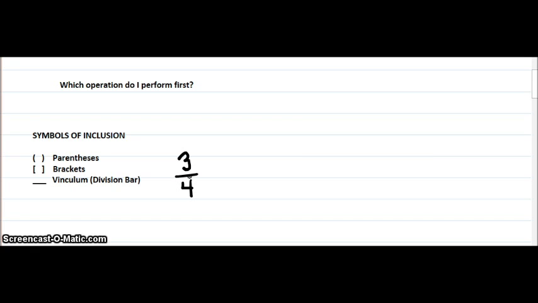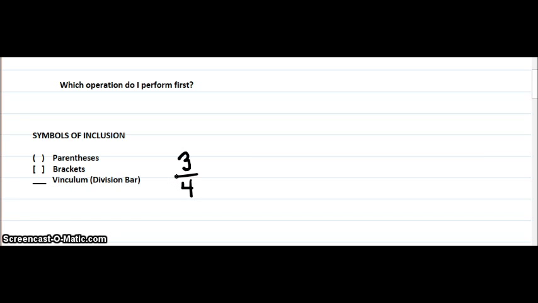The way this works as a symbol of inclusion is that you would perform all the operations in the top part of the fraction, called the numerator, and all of the operations in the bottom part of the fraction, called the denominator, before you would do the division. Okay? So do the work in the numerator, do the work in the denominator, and then do the division.